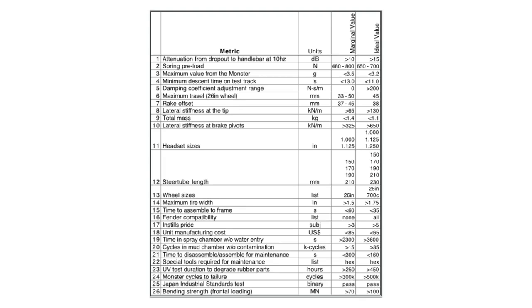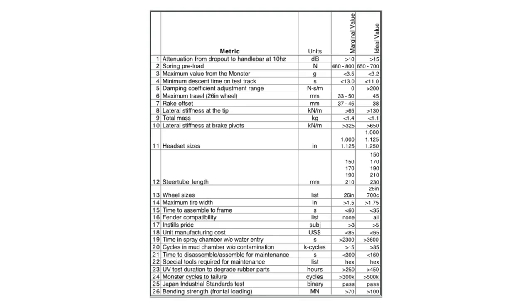And then we set marginal value greater than 10. So what's the difference? The difference is you need to give allowance to your metric value, so that the product can still be functioning okay when you try to adjust the value.